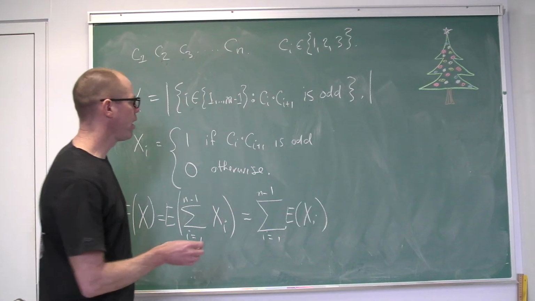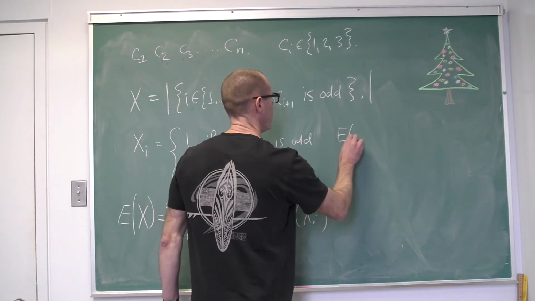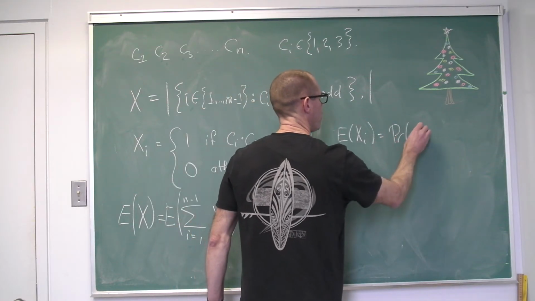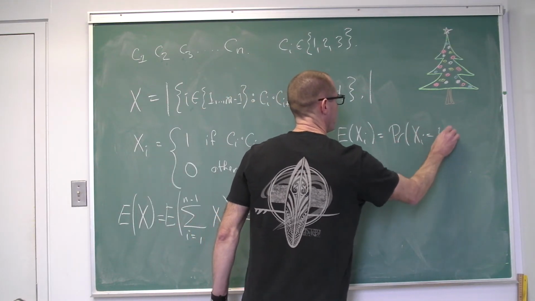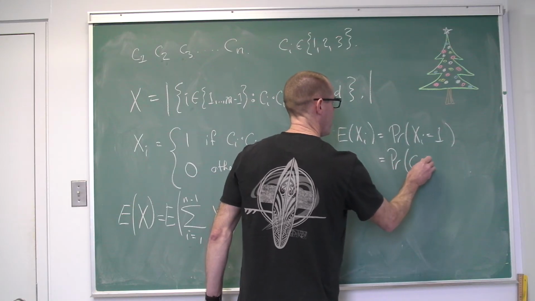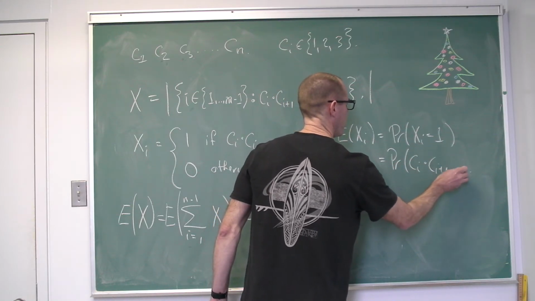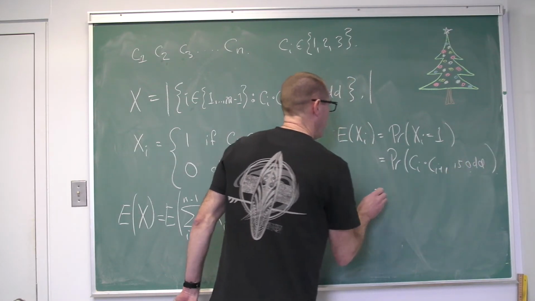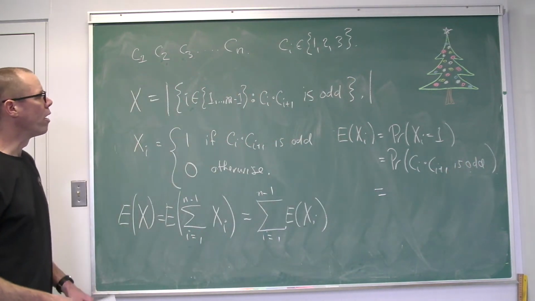Remember that the expected value of an indicator random variable is just the probability that Xi equals 1. In this case, that's just the probability that Ci times Ci plus 1 is odd. That probability isn't hard to figure out.